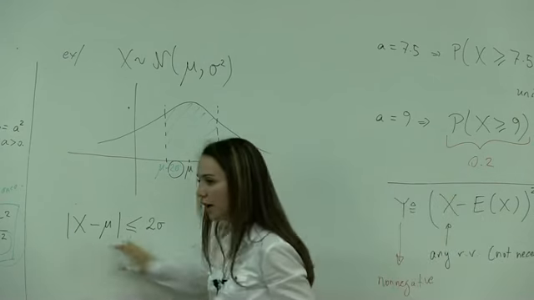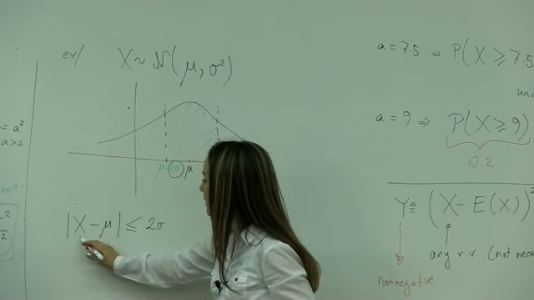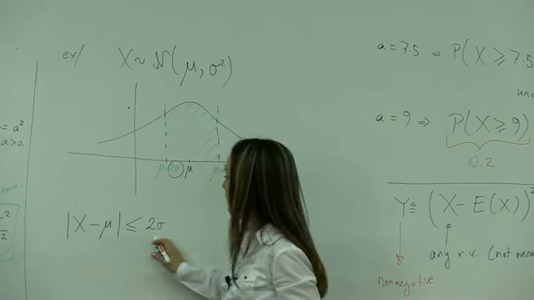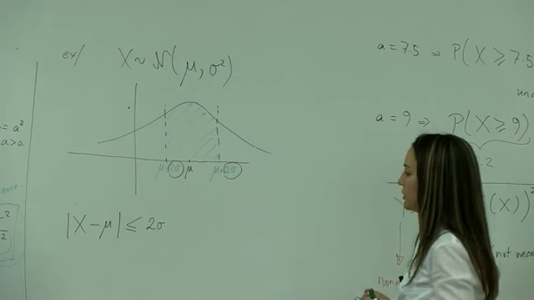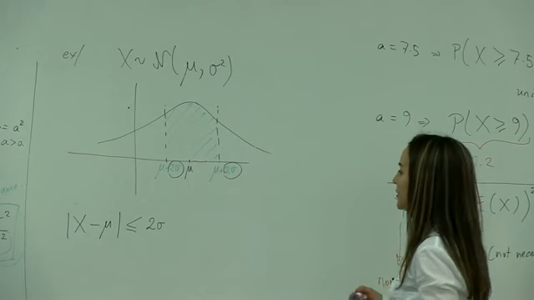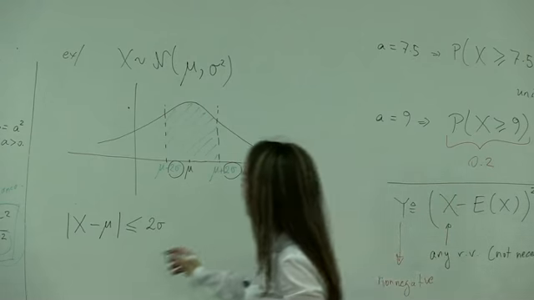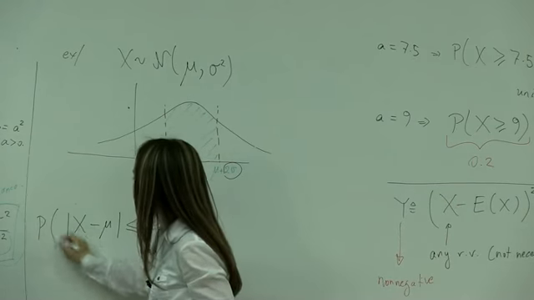So if this happens, x is within 2 standard deviations of its mean. Okay, so we want to bound this probability.